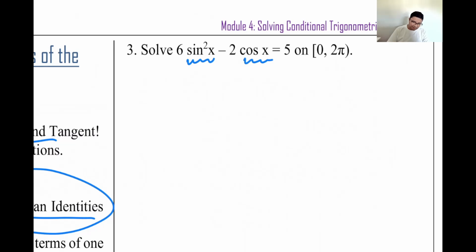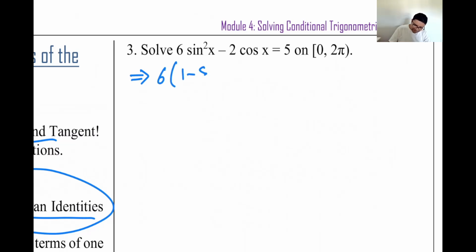Have everything in terms of sine or everything in terms of cosine, whichever is easier. Obviously, there is a square here. It's easy to convert that sine square to cos square using Pythagorean identities.